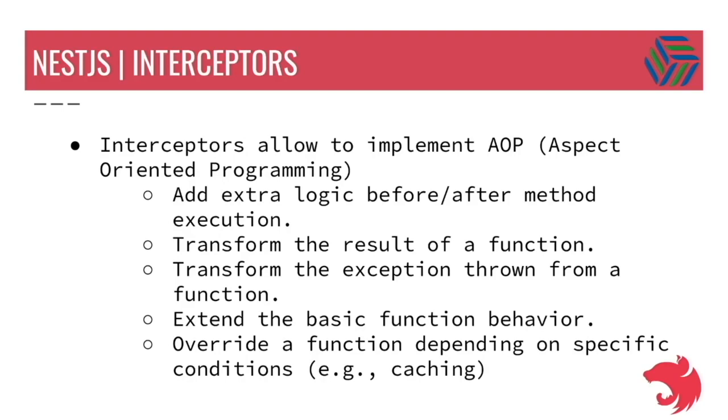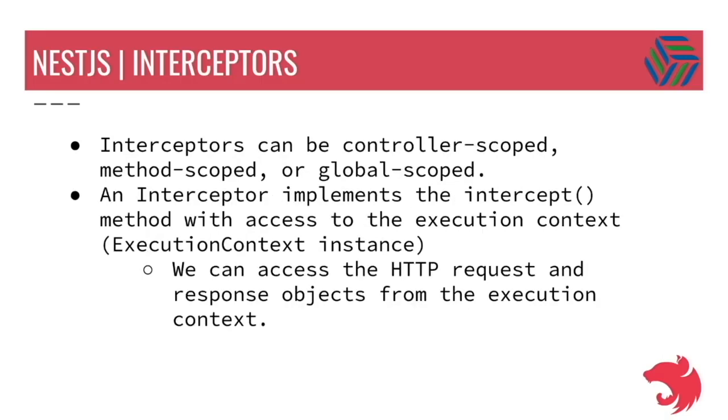We can extend the basic function behavior, or we can completely override a function depending on specific conditions, for example, caching. As we've already seen with pipes, interceptors can be controller scoped, method scoped, or global scoped.